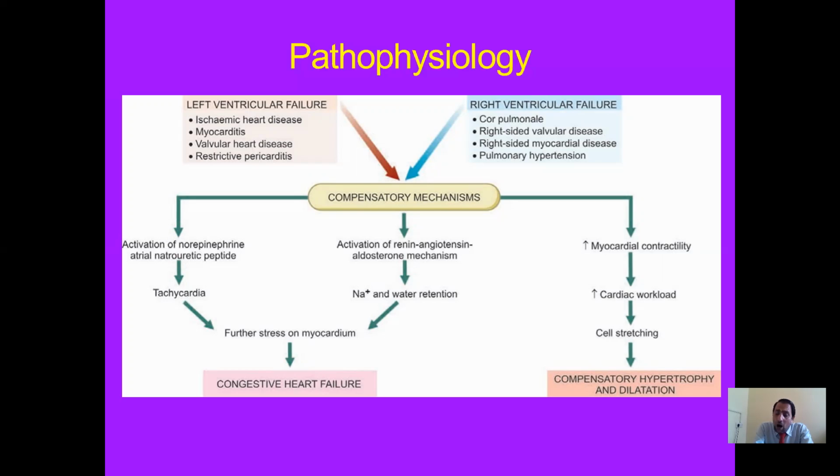Sometimes it also activates the renin-angiotensin-aldosterone system. The renin-angiotensin-aldosterone system increases sodium and water retention, which leads to further stress on myocardial cells and forms congestive heart failure. Due to this, myocardial contractility increases, cardiac workload increases, cell stretching increases, and there is compensatory hypertrophy and dilation of the ventricle.